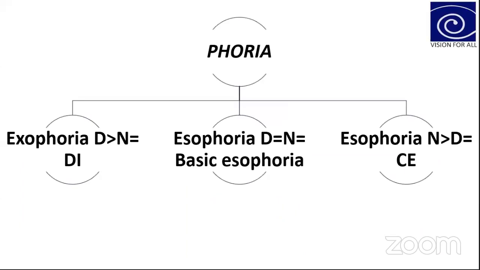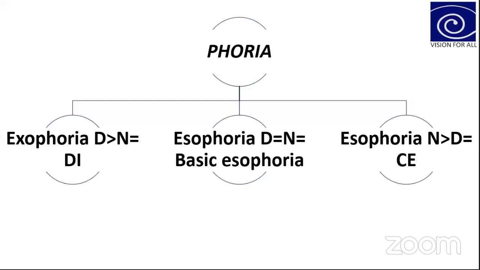Now see the most important part of today's class. In this slide, the phoria is abnormal for distance and near. When you see exo phoria for distance and near, if the exo phoria is more at distance, then it is divergence excess.